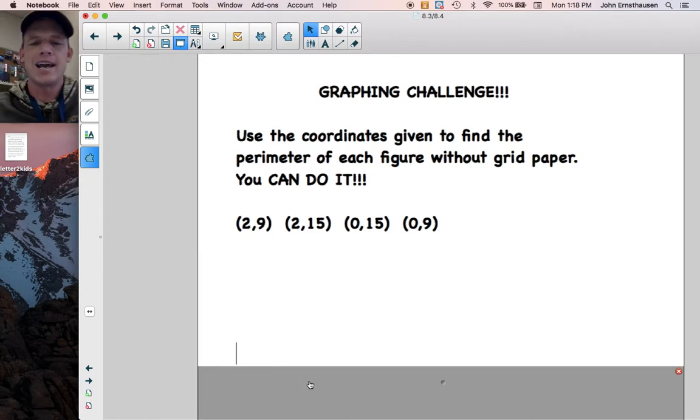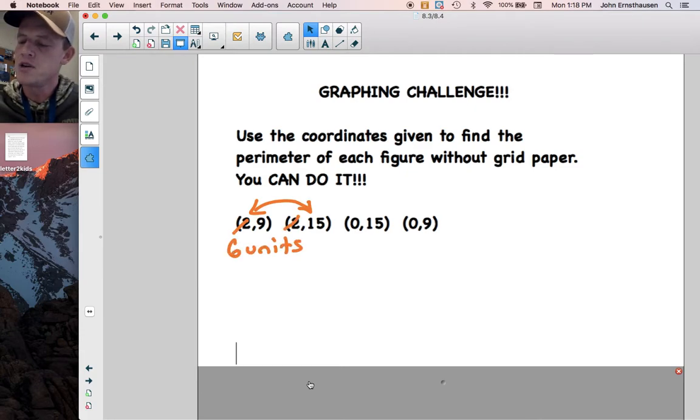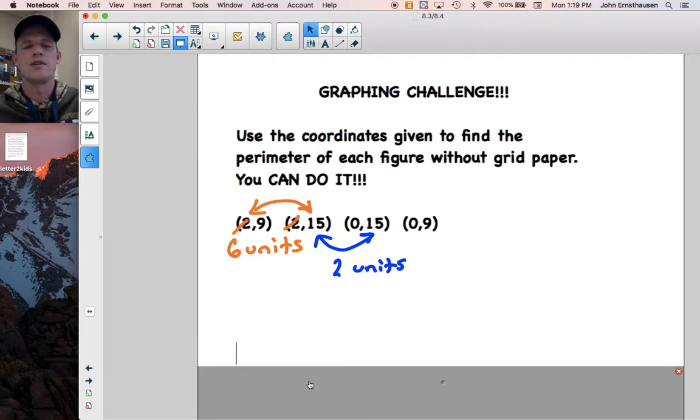And here we go, let's check it. Okay, so the first set of points here: 2, 9, and 2, 15. The x is the same, so the 9 and the 15 would be 6 units apart. Okay, so I'm going to change the colors up here. If I go to the next one, now the y is the same, and the 2 and the 0 are 2 units apart. So think about this.